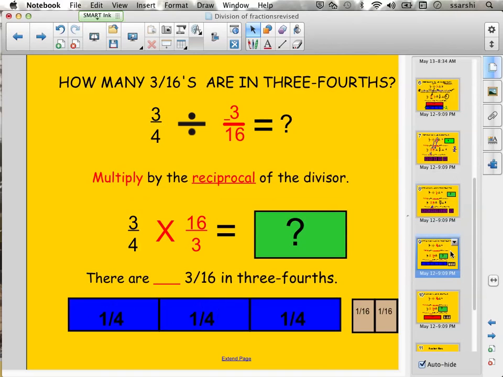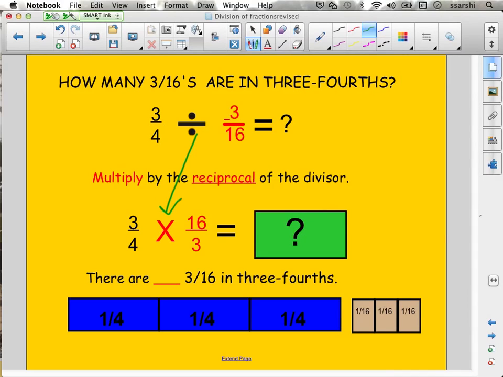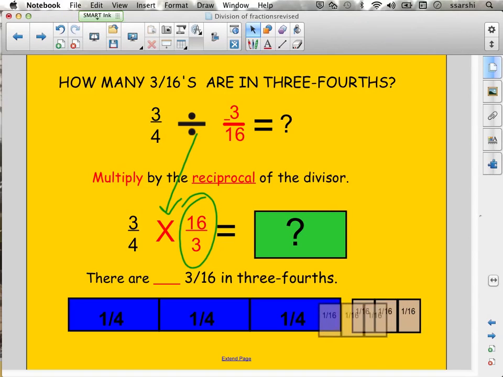The last problem we'll do is how many 3/16 are in 3/4? You take the division problem, change it into a multiplication problem by taking 3/16, flipping it, creating the reciprocal. How many 3/16 does it take to cover 3/4?